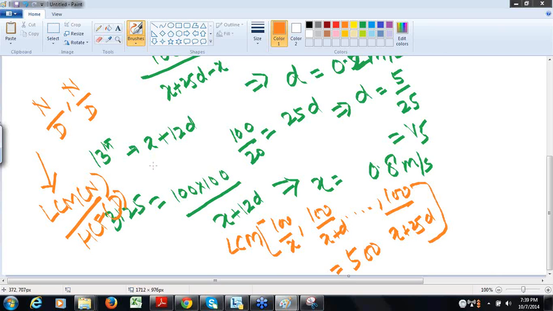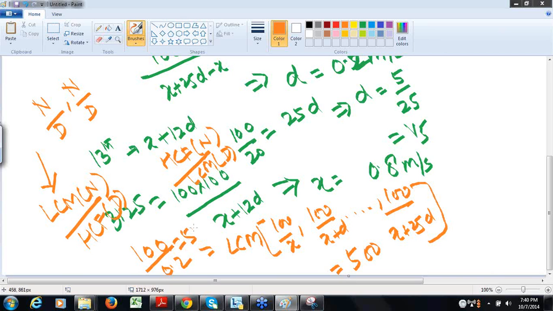The LCM of a fraction is this, and the HCF of a fraction is the HCF of the numerator upon the LCM of the denominator. So the LCM of the numerator will be 100 and the HCF of the denominator will be 0.2.